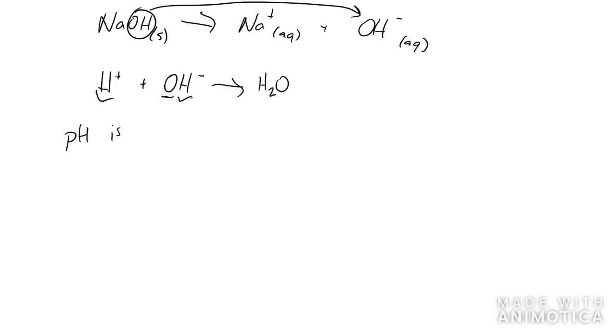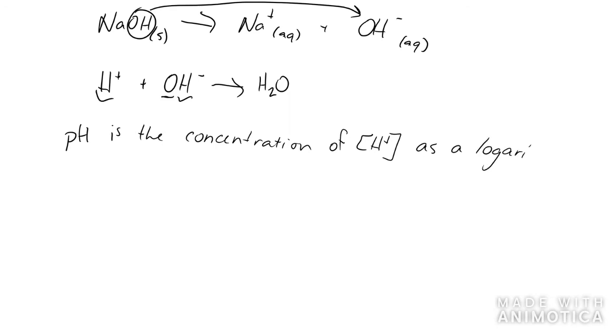So pH is the concentration of hydrogen ions, but as a logarithm, which means every time this goes up by 1, it's actually a change of 10 times the concentration.